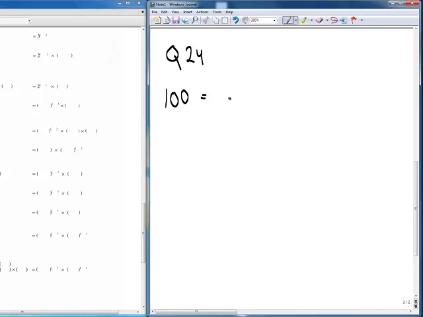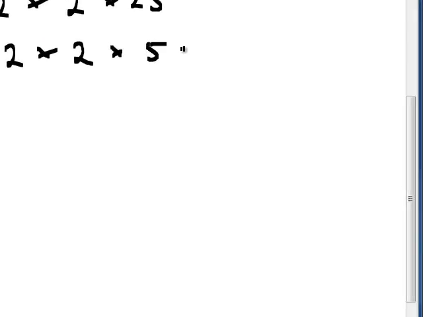So maybe 2 times 50. 2 is a prime number, so we have to write 50 as maybe 2 times 25. 2 and 2 remain, and 25 is 5 times 5.